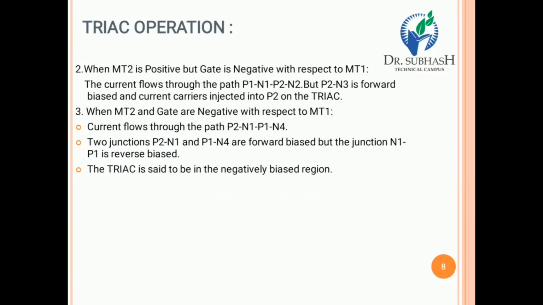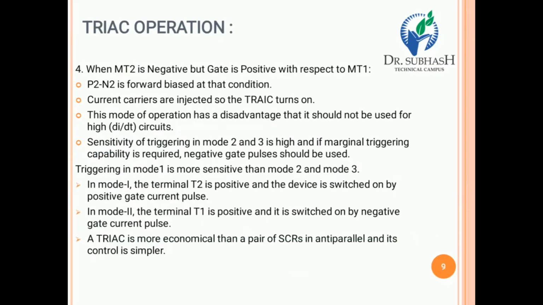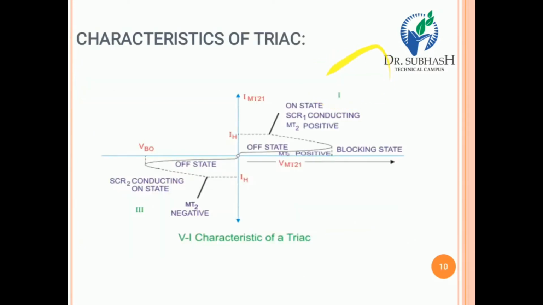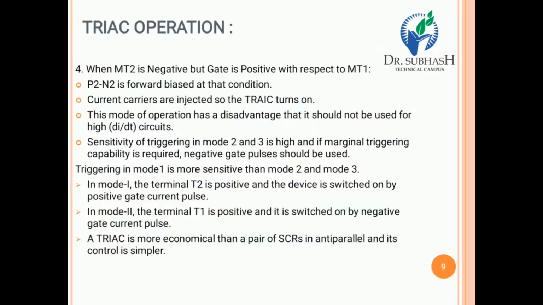Now the next mode for the operation of the triac: MT2 is negative but the gate is positive with respect to MT1. P2-N2 is forward biased. In that condition, the current carriers are injected so that the triac is turned on.